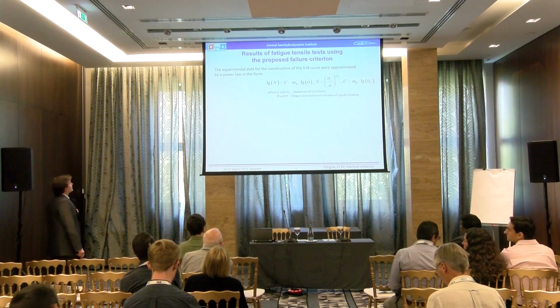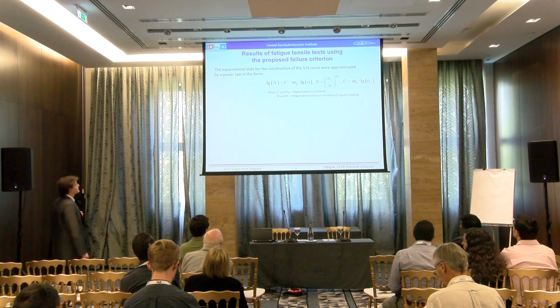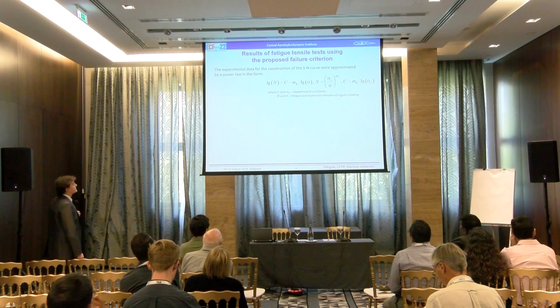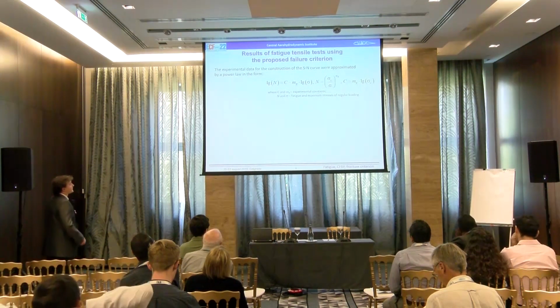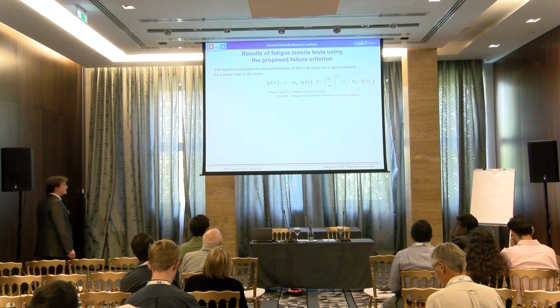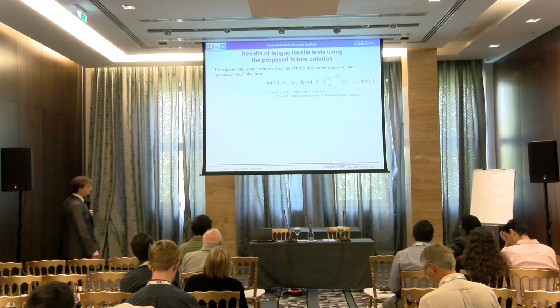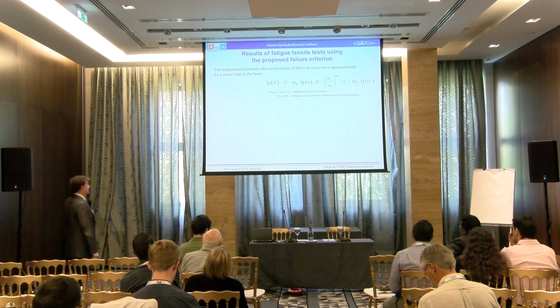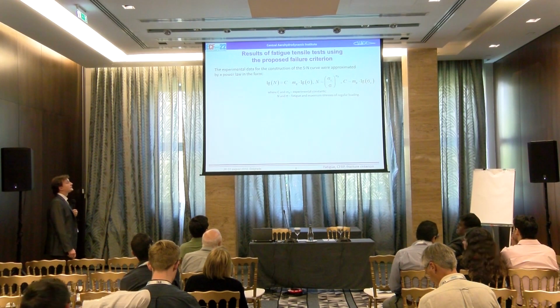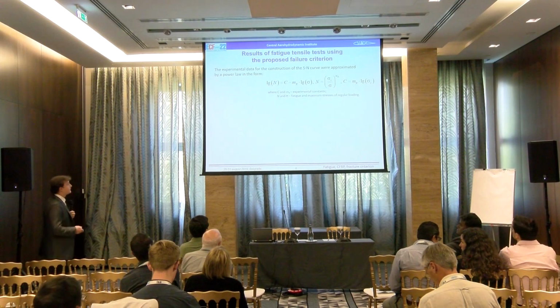And moving to the results, which we can obtain from the fatigue tensile test using the proposed failure criterion. I should say, first of all, that experimental data for the construction of the SN curves was approximated by a standard power law in this form, where C and M are experimental constants, which can be obtained from a graph, and N and sigma are the fatigue life and maximum stress of regular loading.